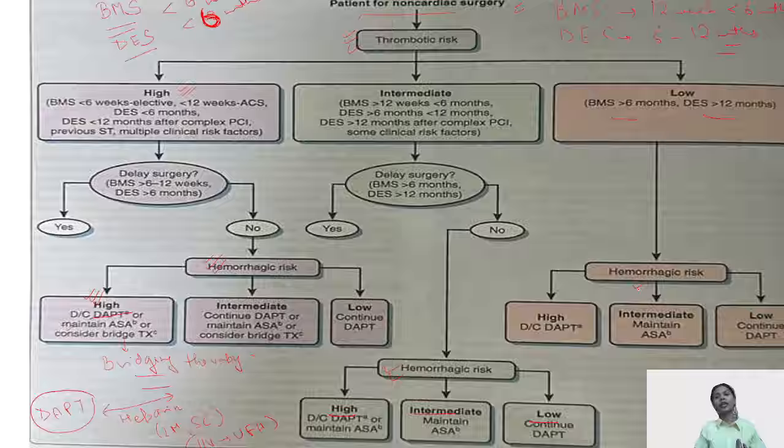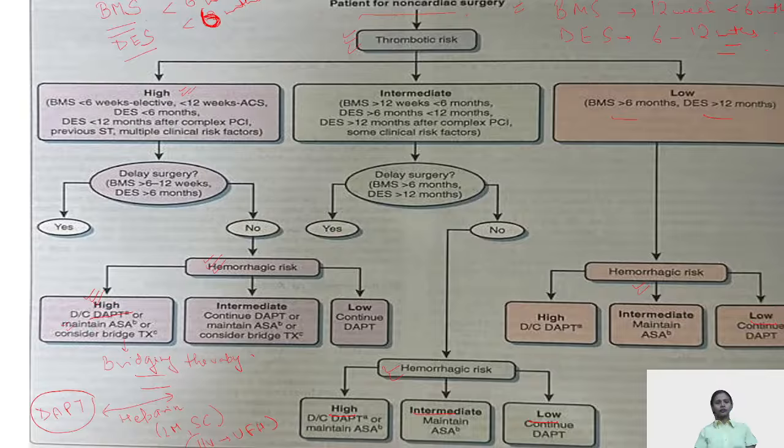Now, if we test the hemorrhagic risk, if it is high, discontinue the dual antiplatelet therapy, that's okay. If it is intermediate risk, you can maintain only on aspirin, or even if aspirin is not given, it is fine. And if it is a low hemorrhagic risk surgery, then you can even continue on dual antiplatelet therapy for such patients who have a low risk of hemorrhage.